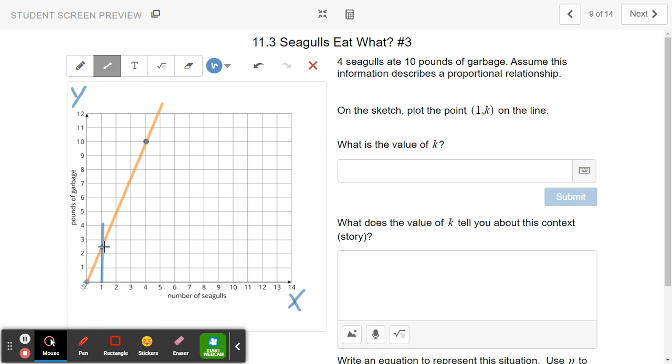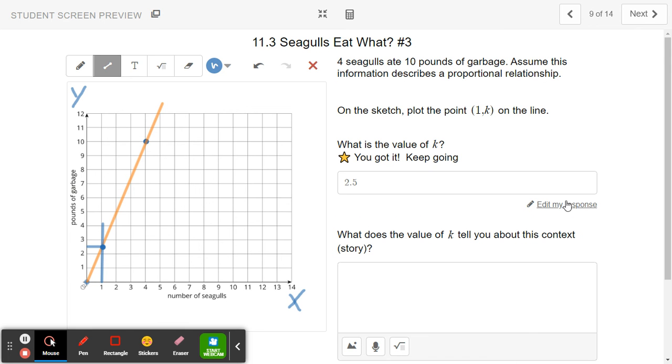So what I'm going to do now is I'm going to take that. That's going to tell us, oh, okay, when there's 1 seagull, I follow that up to the line, come over, and the y value is, in this case, it looks like to me it's exactly between 2 and 3. So I know that that's 2.5 or 2 5/10.